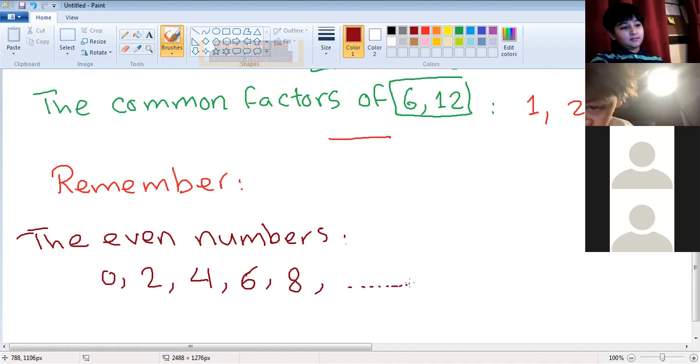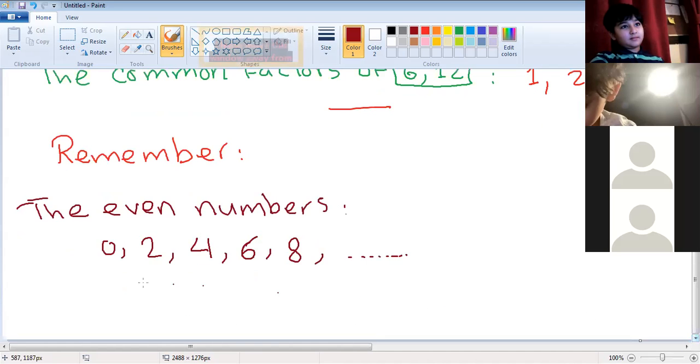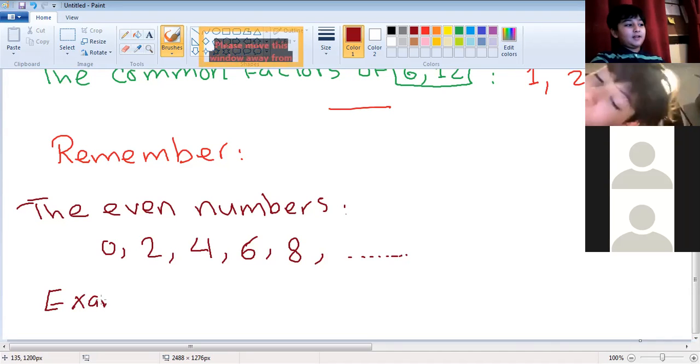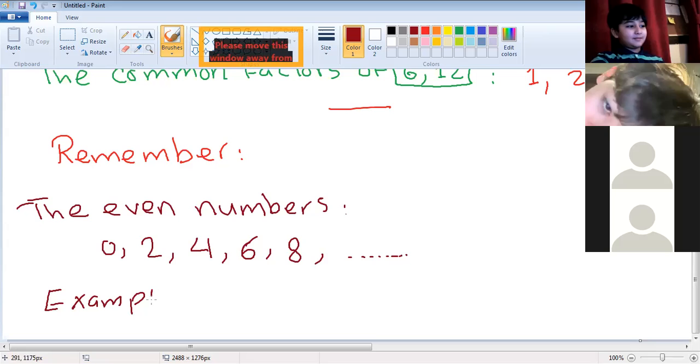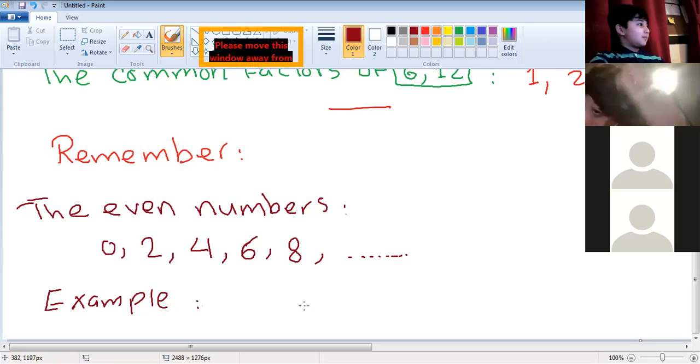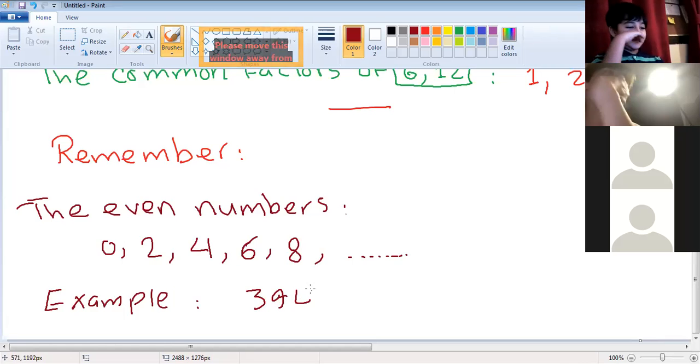Can you give me an example for an even number? Like a big even number, a number consisting of 4 digits, for example. I wanted 6 digits. Like this one, 3940.